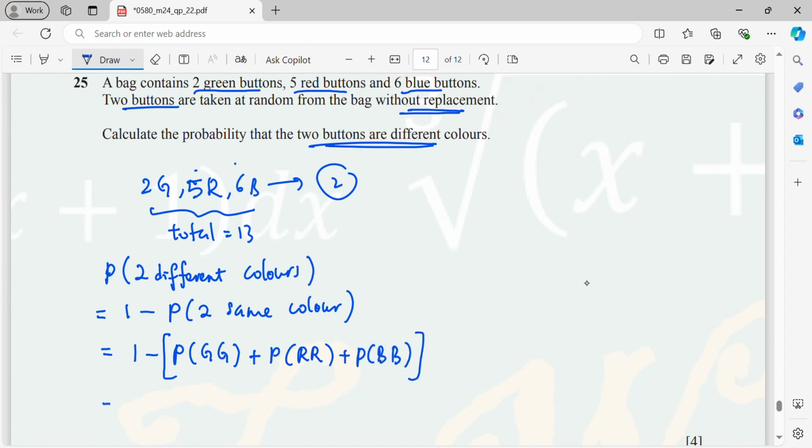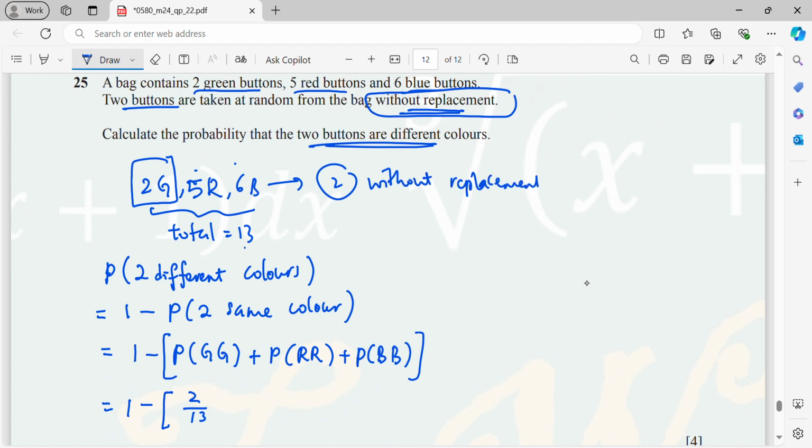Okay, so now 1 minus, when green button for both. So at first you have 2 green buttons. So when you draw the first button, it will be 2 out of 13. Okay, but because this is without replacement, it means that now you never put back the button that you have drawn just now.